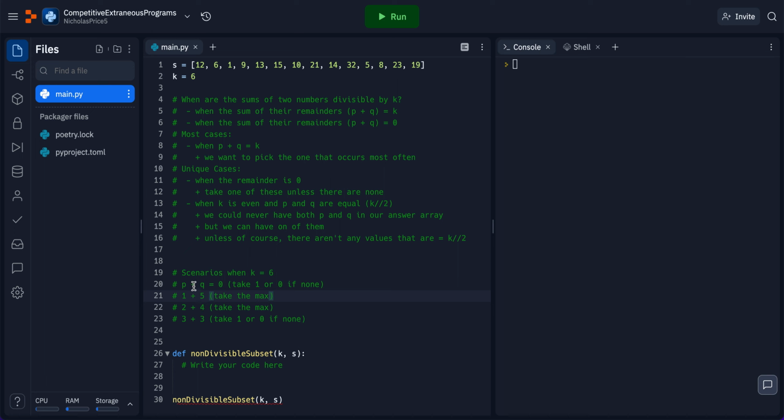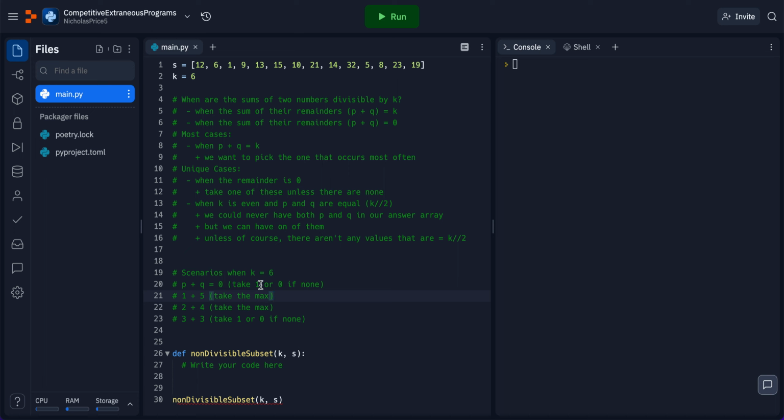But when you look at P and Q, we kind of already went over this. If P and Q, the sum of those remainders is equal to 0, well, you would just want to take one. Because if you had multiple of those in your subset array, then when you add those items together, you wind up with a number that's divisible by 6, and you're trying to avoid that.